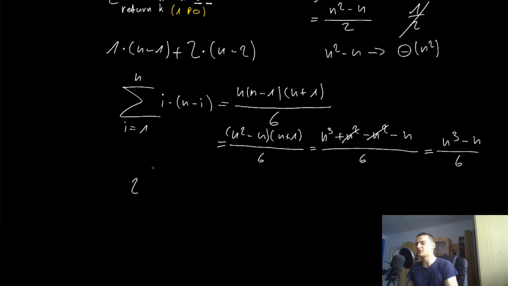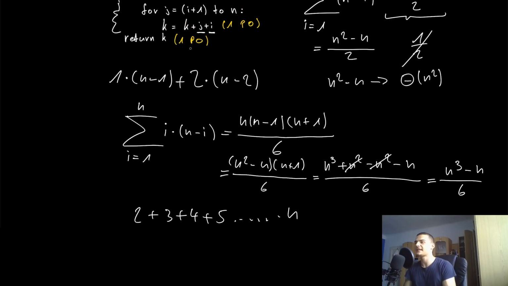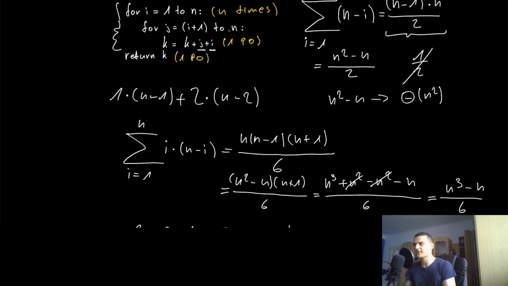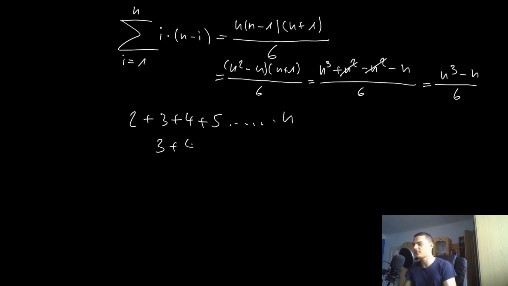Then it gets added as 3, 4, 5, and so on up until n. Then once this is executed n minus 1 times, we increase i by 1, and we start counting at 3. So we have 3, 4, 5, and so on up until n.